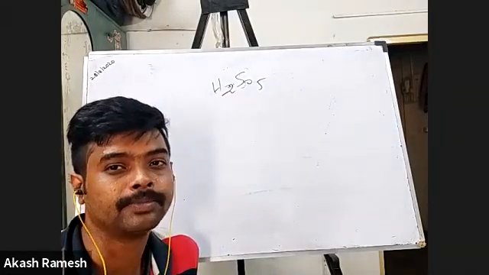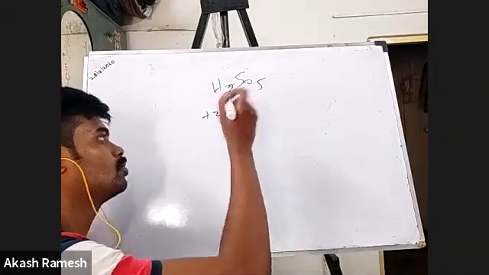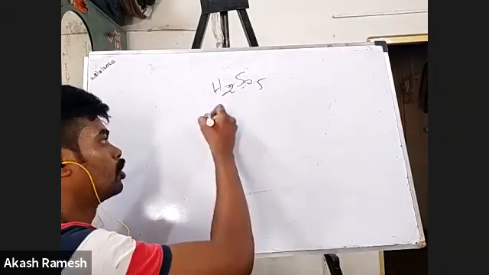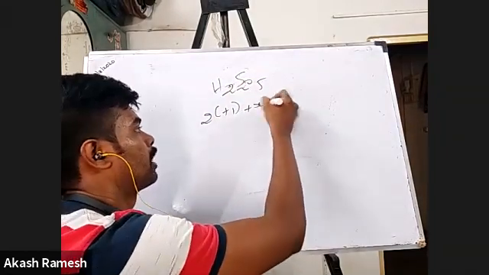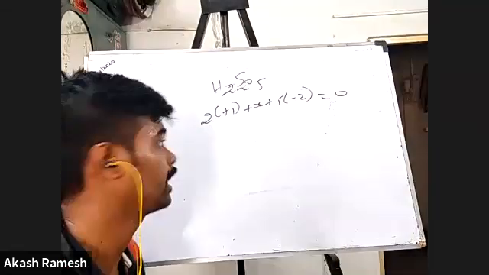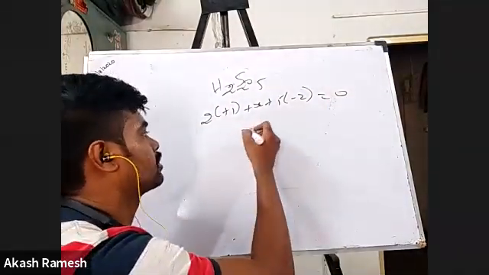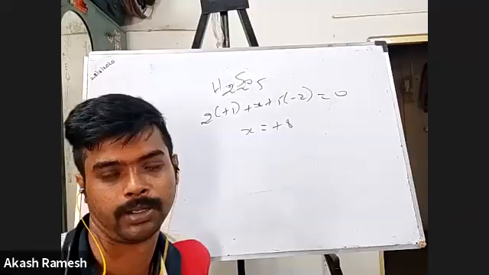Again, if I calculate for sulfur, I'll write it like this: 2 into +1, plus X for sulfur, plus 5 into -2, is equal to 0. So what will you find? X is going to be +8 oxidation state. Again, not possible.